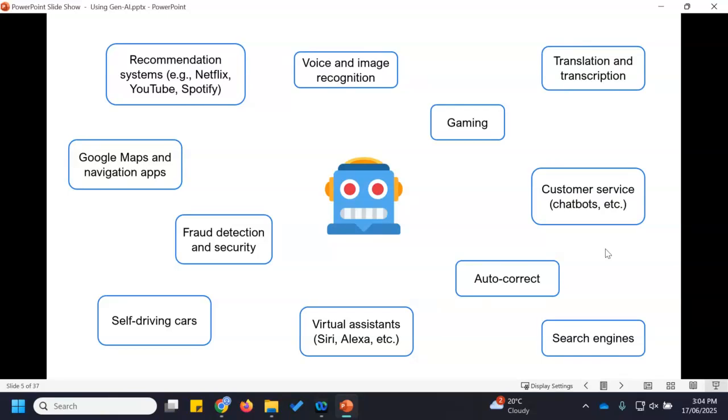So Spotify, Netflix, those recommendations are based on patterns that they've recognized in your use. And so then the AI recommends you things based on those patterns. Google Maps, navigation apps, they all use AI. Self-driving cars, virtual assistants, all of these are some form of AI.